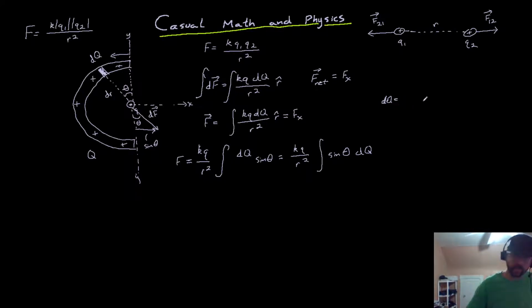We don't want s though, we want theta. I think it's theta times r. Let me make sure. No. Q over pi. Why is that? Okay, because our angle goes from 0 to pi.